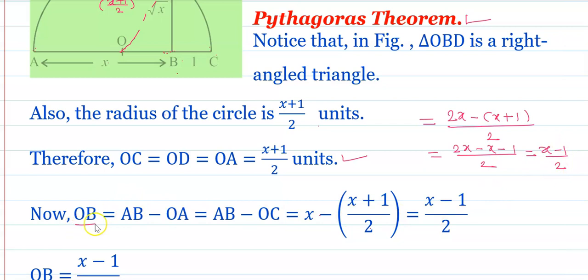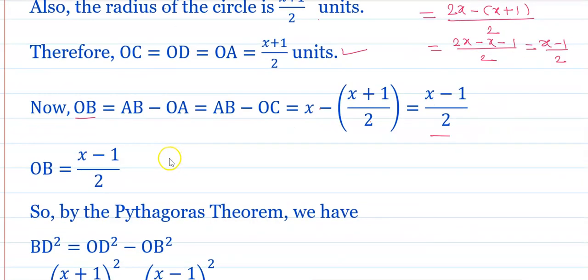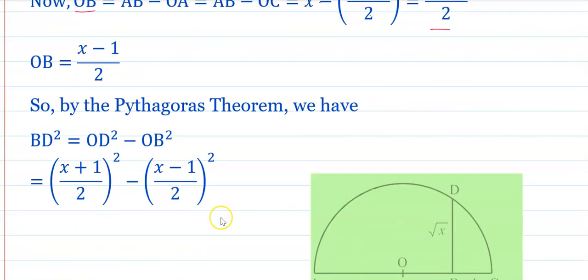Hence OB is equal to x minus 1 upon 2. Now in the right angle triangle we know OB, which is x minus 1 upon 2, and we know OD, x plus 1 upon 2. In this way we can find out BD with the help of the Pythagoras theorem.